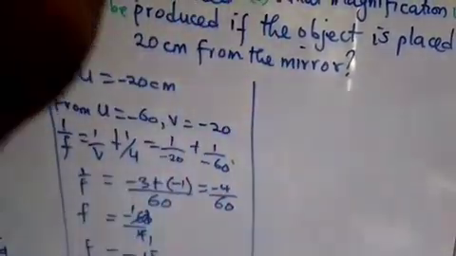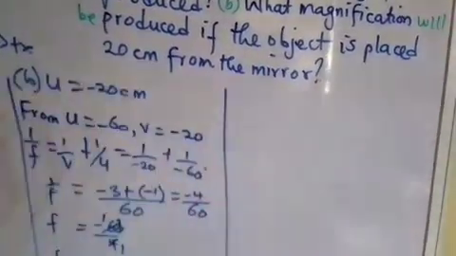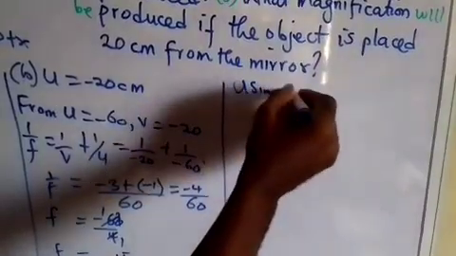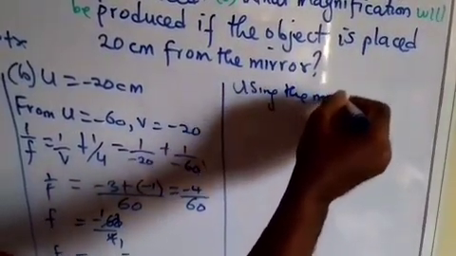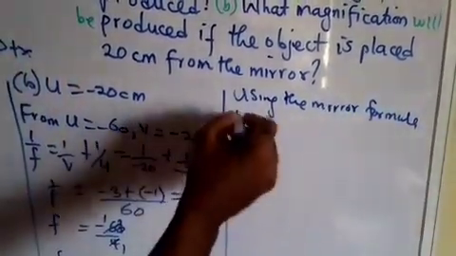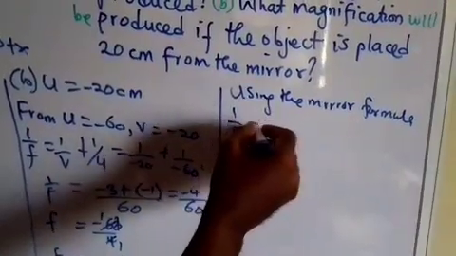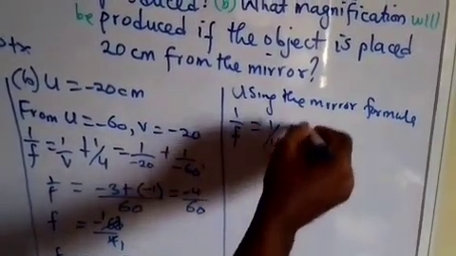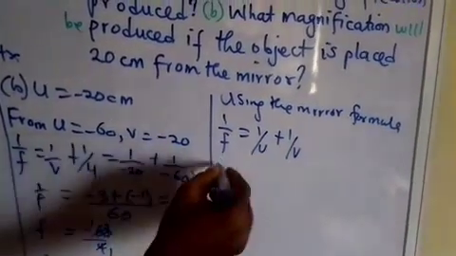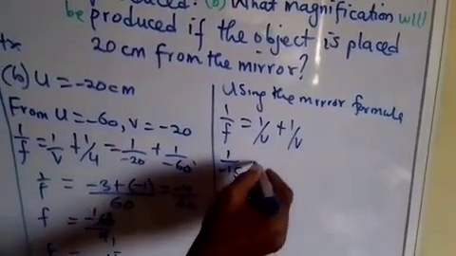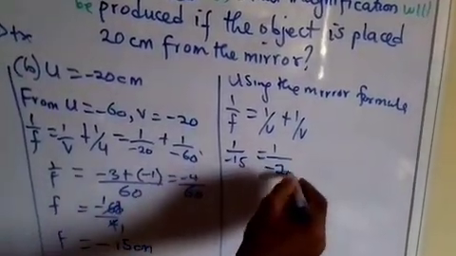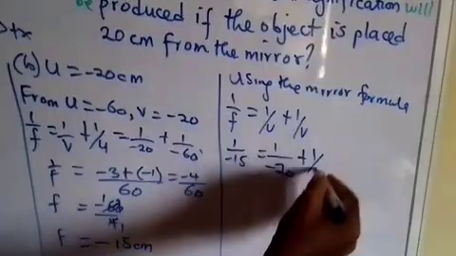For you to even find the new magnification, you need to find the new V. So using the mirror formula, we know that our F is minus 15, equal to 1 over our new U, minus 20, plus 1 over the new V, which we do not know.